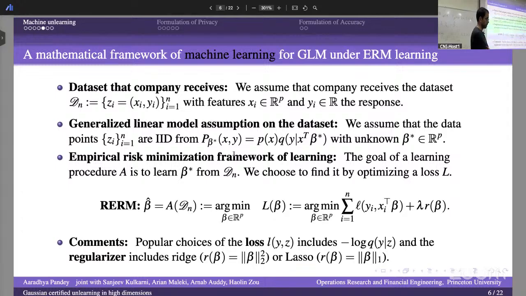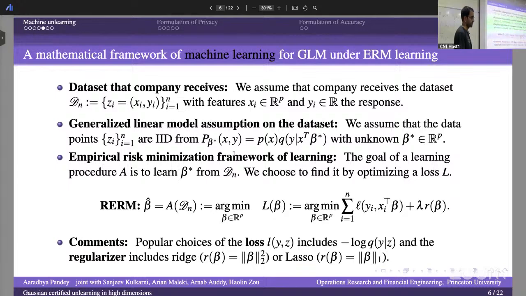There are two things that we need to focus on in the learning procedure. What are the two things? First, we will assume that the data generating process is IID and comes from something called a generalized linear model. What does that mean? It basically means that the response, the y's, depends on x, the features, but along some unknown direction of projection.